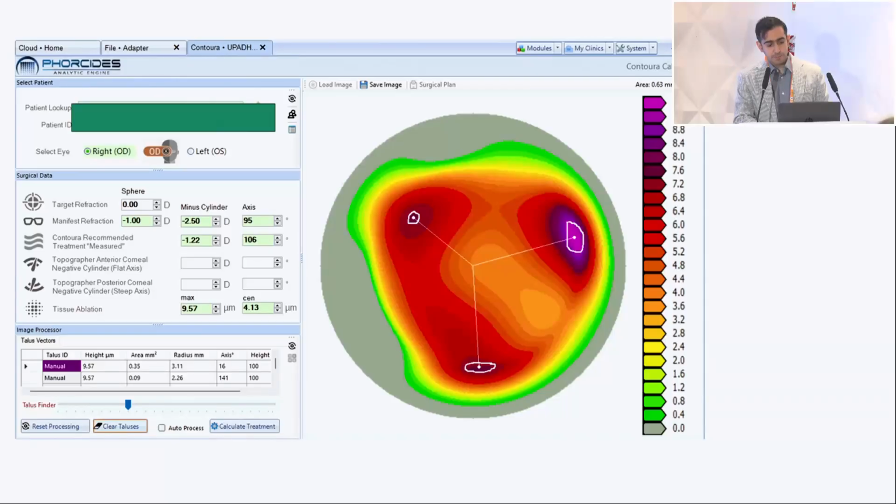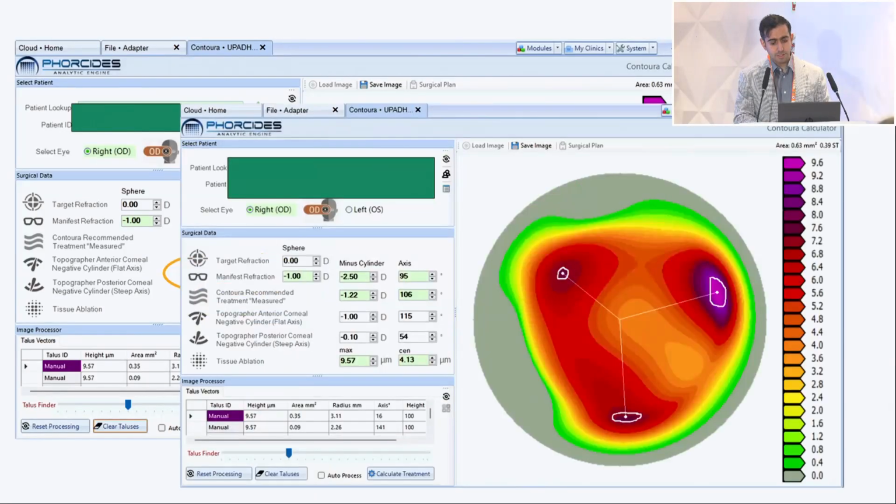The Contoura recommended treatment is what the Topolyzer measures, and the topographic anterior corneal negative cylinder and the posterior corneal negative cylinder are actually taken from the Pentacam. You can see these elevation points highlighted in white; those are the taluses which it's taking into consideration. The reason it does this is because these can have a bearing on the cylinder that you're actually treating.